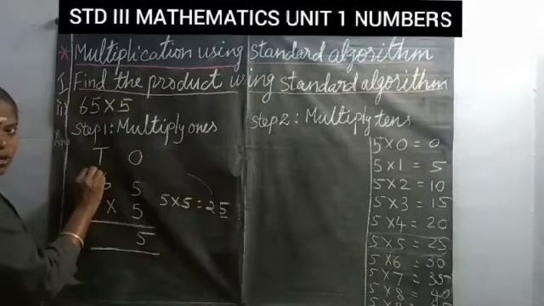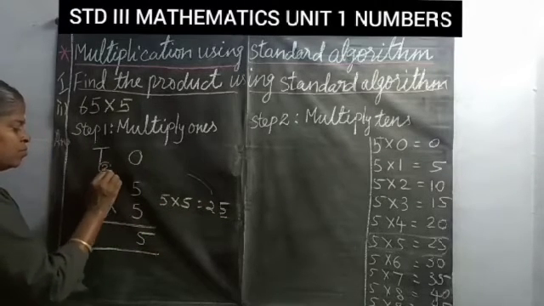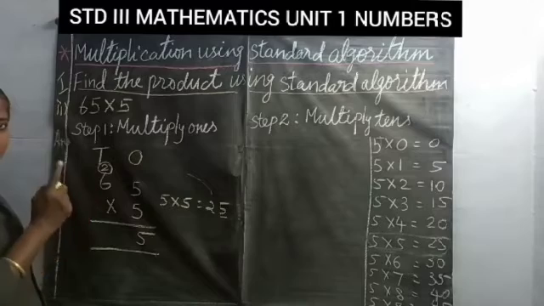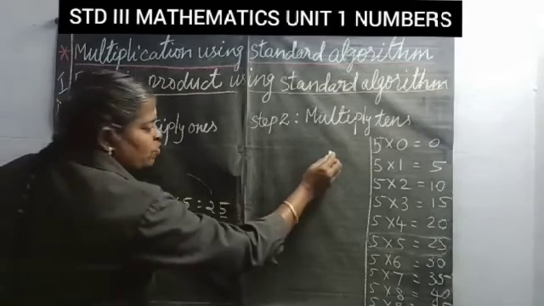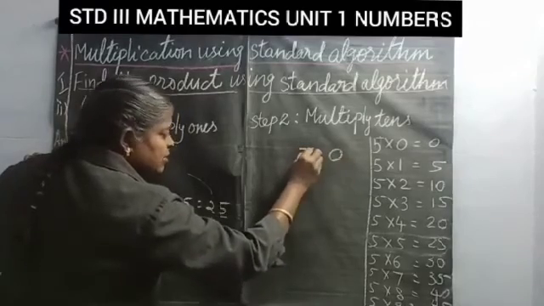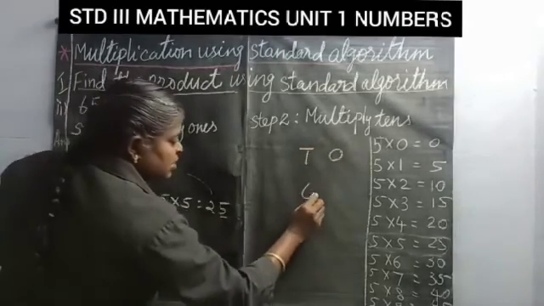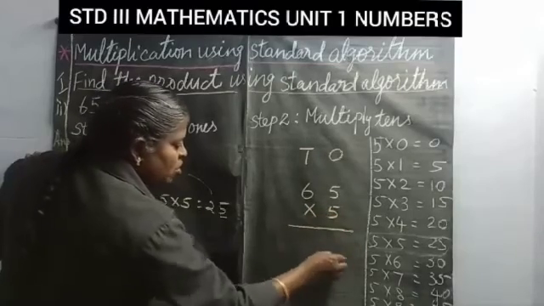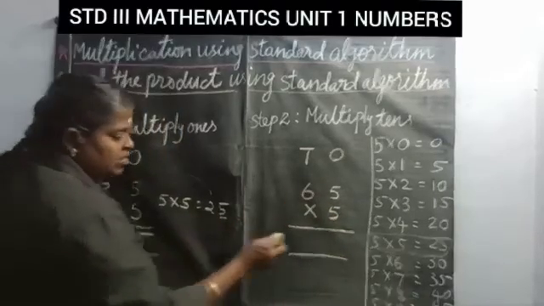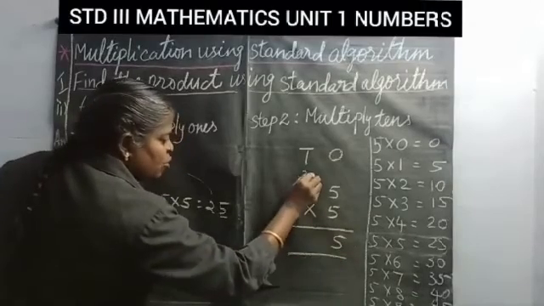2 carryover. Next, step 2, multiply the tens. 65 into 5. We have already multiplied the ones: 5 5s are 25, carry over 2.